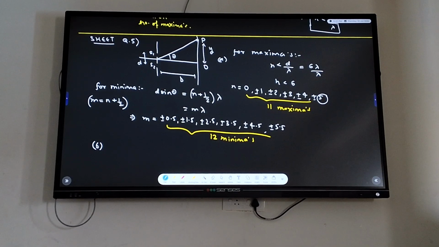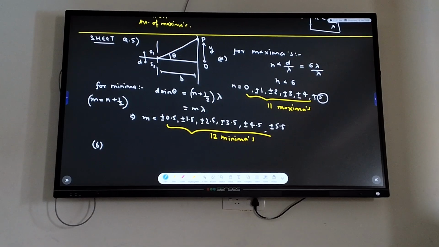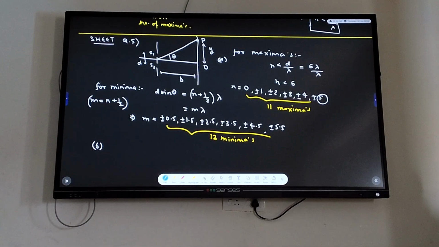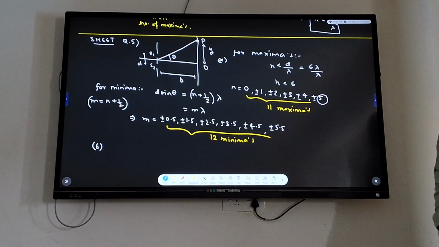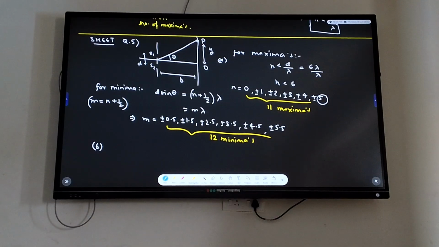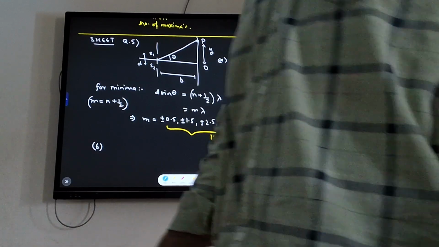Is there anybody who did not understand this? Understood? Yes. I don't understand what you are saying. 3 and minus 3. 3 and minus 3 incorrect. Sir, say. Plus minus d by 2.